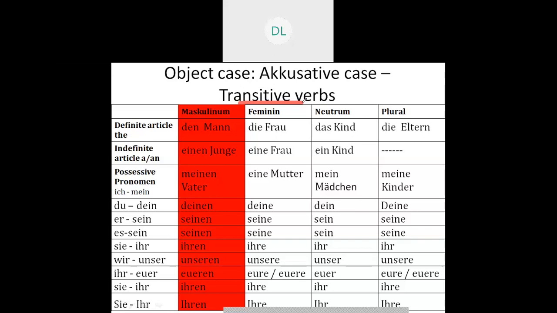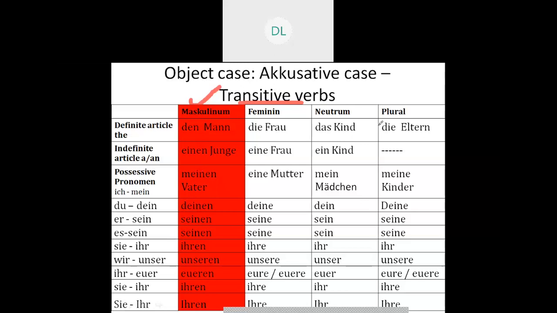But what is the difference between nominative and accusative? In nominative I had der Mann, die Frau, das Kind, and die Eltern. There is only and only a change in masculine. Only that masculine der changes to den, ein changes to einen, mein changes to meinen.